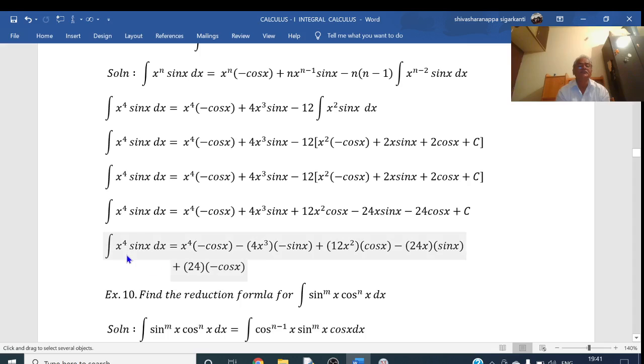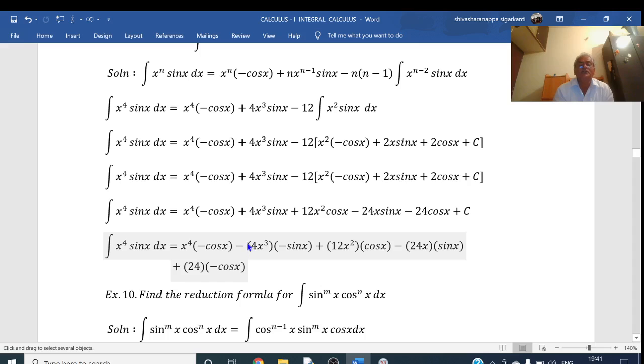So what I do here: x raised to 4 into sin x dx. I will write the first function as it is, x to the power of 4, and write the integral of the second, the integration of sin x, minus cos x. The first term is positive, then negative, positive, negative, alternating; we have to write the signs here.